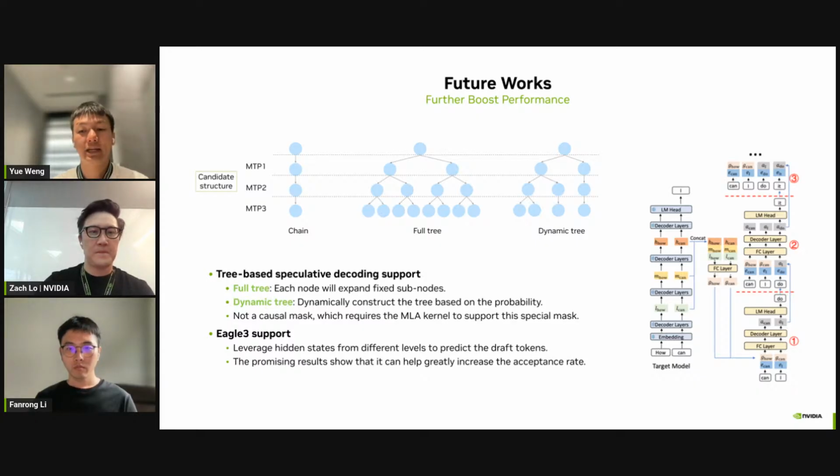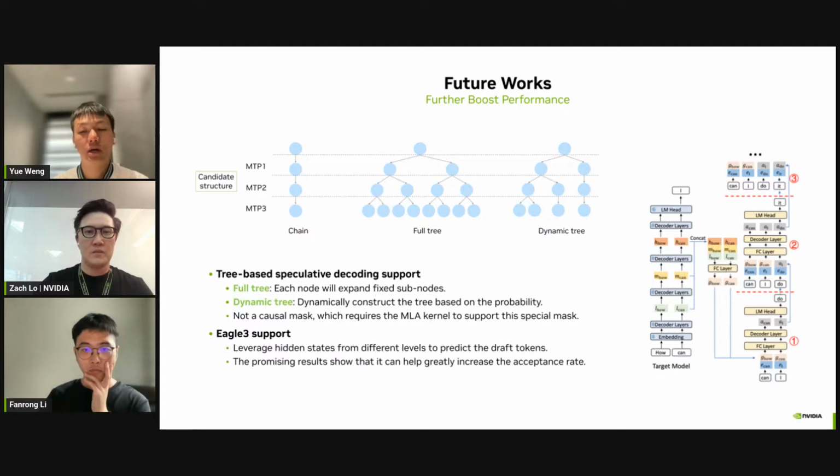The other one is the dynamic tree, which will dynamically construct the tree based on the probability. But the masks of these trees are quite different. They are not causal masks anymore, and this requires some MLA kernel adaptation to support this special mask.